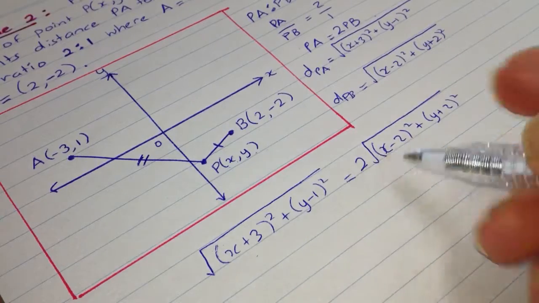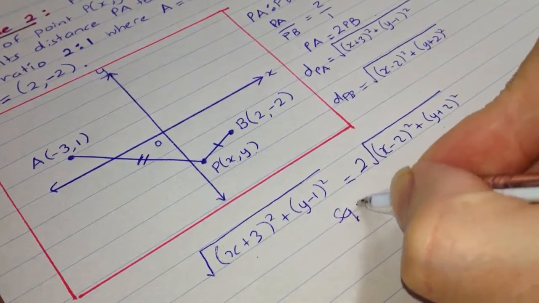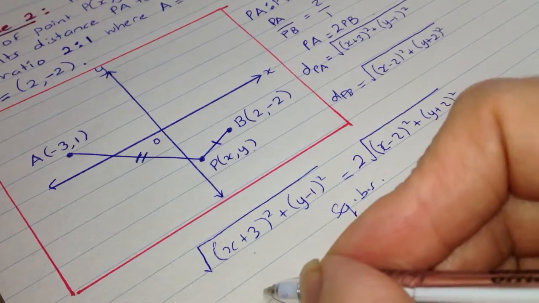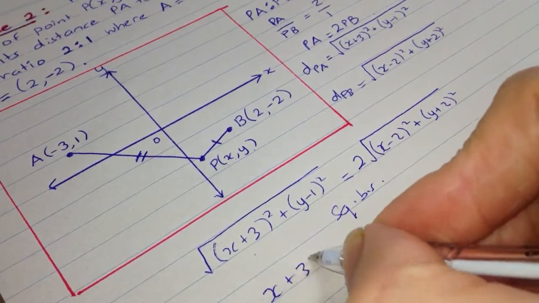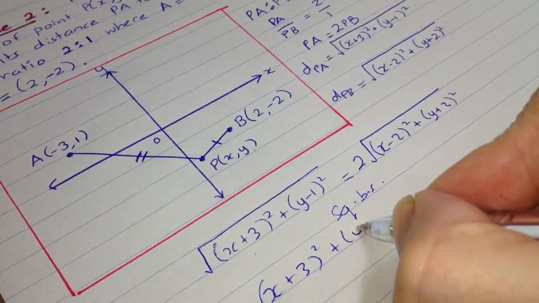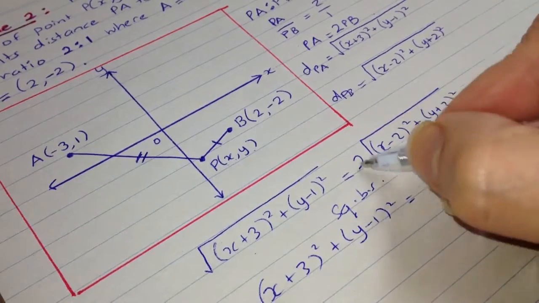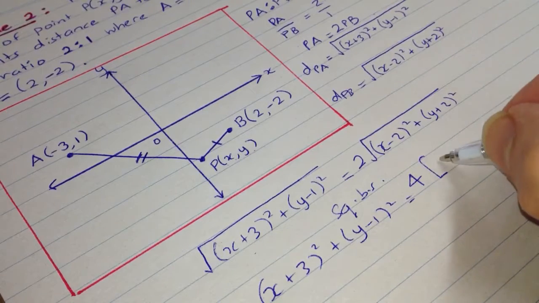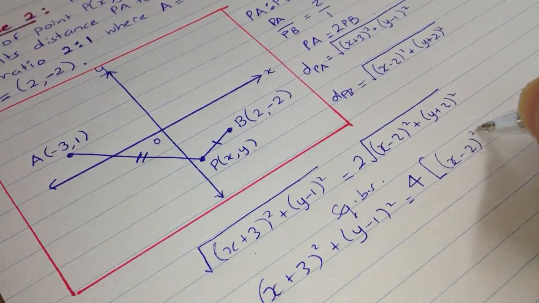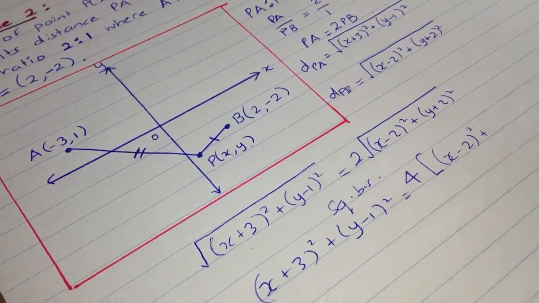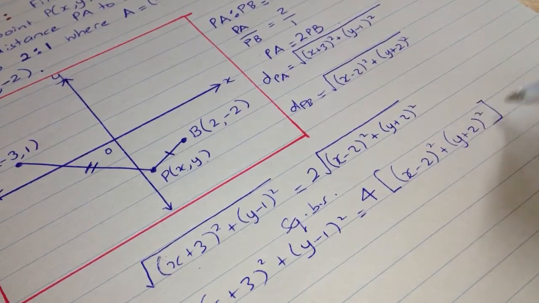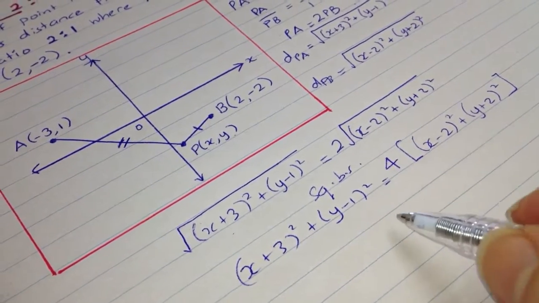Now, we don't want the square root sign, so let's square both sides, and we just get what's underneath that, so we get x plus 3 all squared plus y minus 1 all squared. Of course, don't forget to square the 2, that's 4. Okay, open big brackets so you can write down what's underneath the square root sign. Okay, let's expand the left-hand side now.